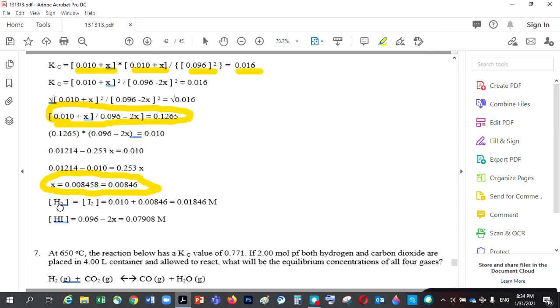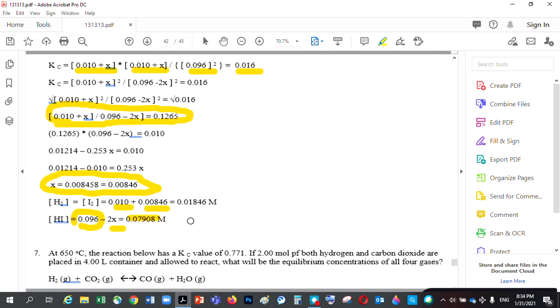So hydrogen and iodine, those are our products, and those are the initial concentration plus x, and the hydrochloric acid gas is minus 2x. So the initial concentration minus 2x, with x being 0.00846, comes out to be equal to this amount.